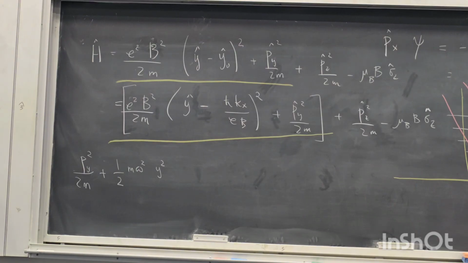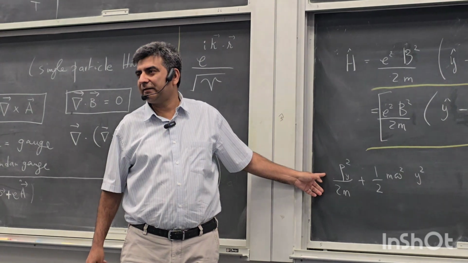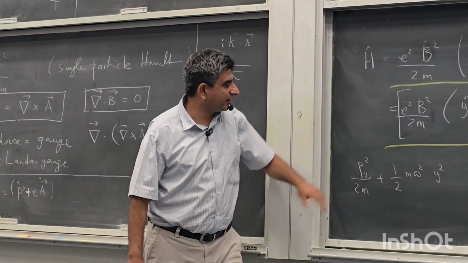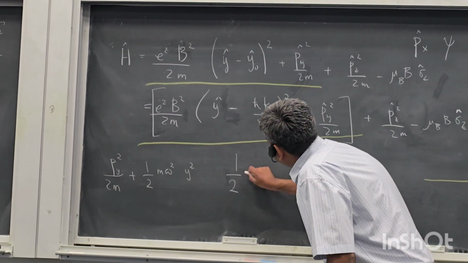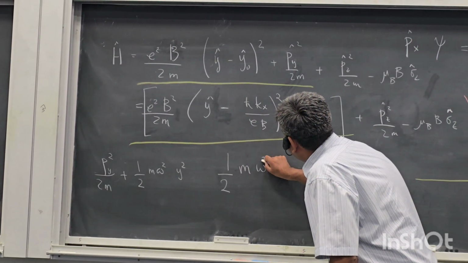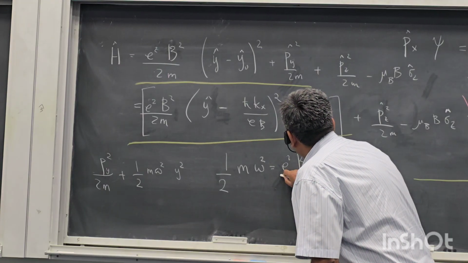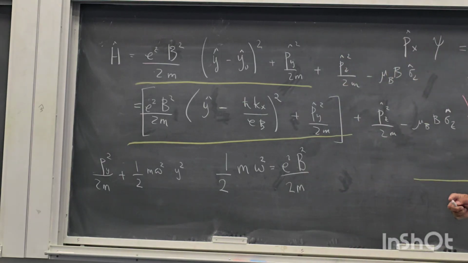And the spacing between the levels will be h bar omega if this is the Hamiltonian. So this term over here is half m omega square equals e square b square over 2m. Let's see what omega turns out to be.